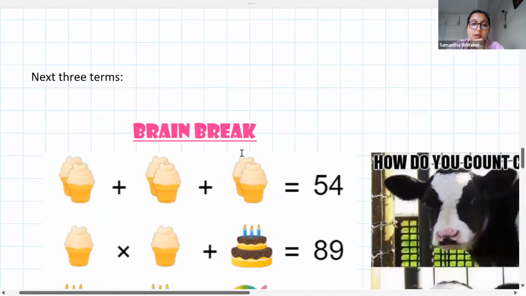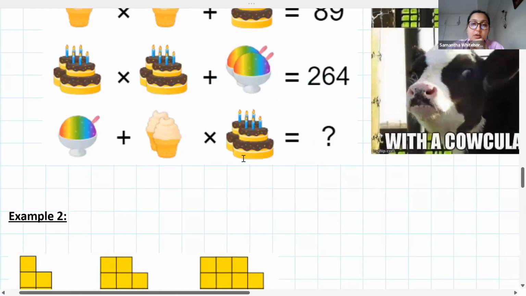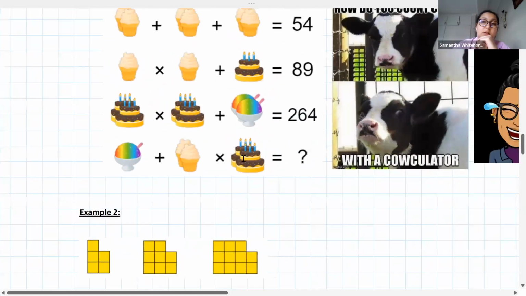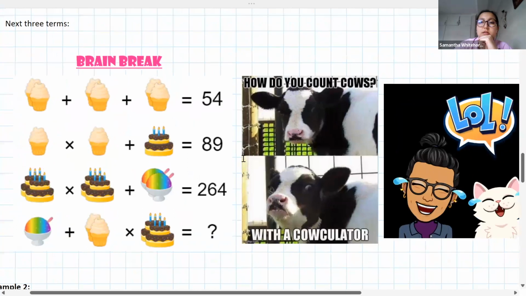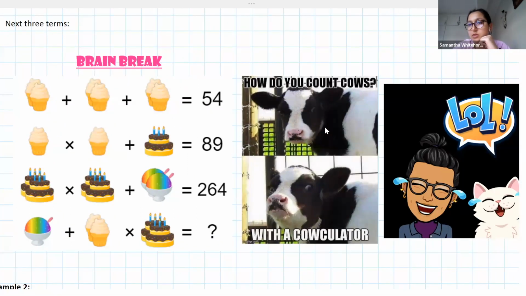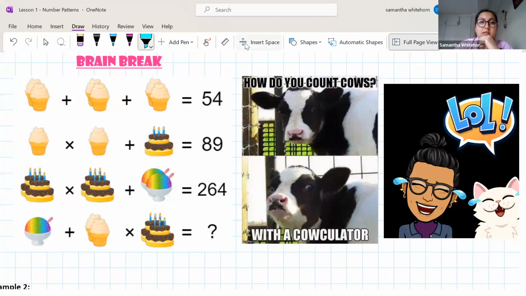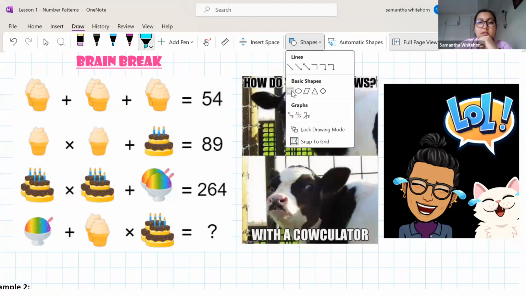Okay, good. Right, brain break time. I hope you appreciate my joke because I'm obsessed with cows, and so a good cow math joke is always great for me. But obviously, you know how this works, guys. I want the value of the very last equation here.